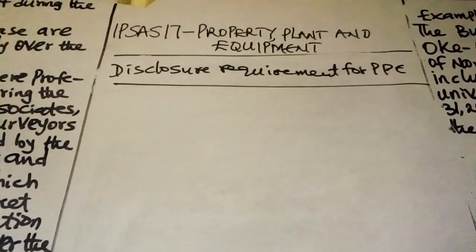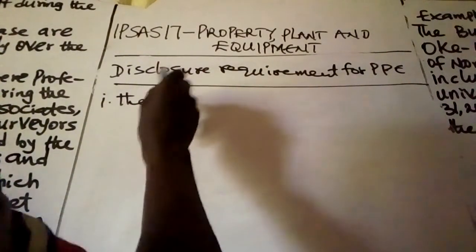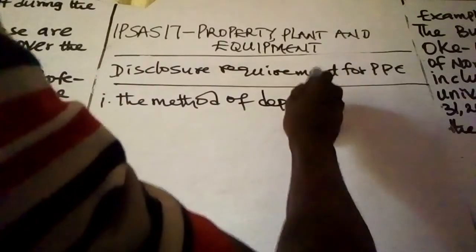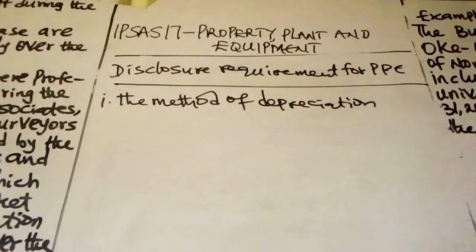Number 1, the method of depreciation must be disclosed.